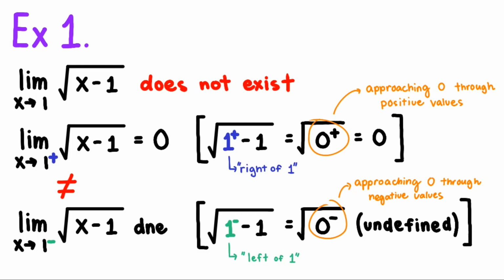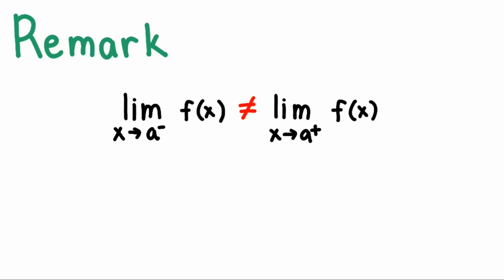Now, before we move on to the next example, let's take note of this remark. In the last video, we learned that if the limit from the left is not equal to the limit from the right, then the limit of f of x as x approaches a does not exist.